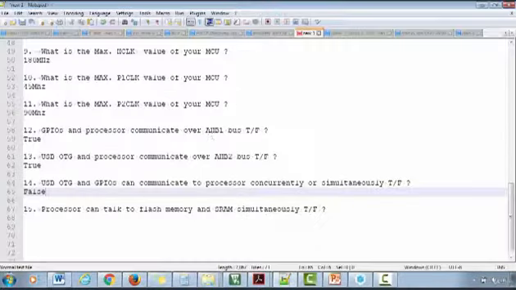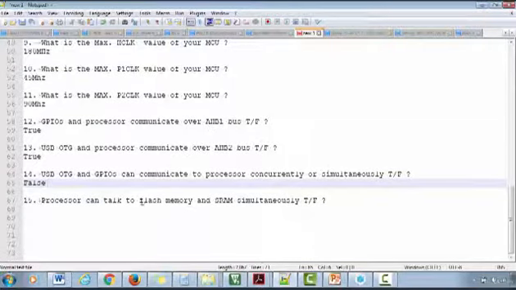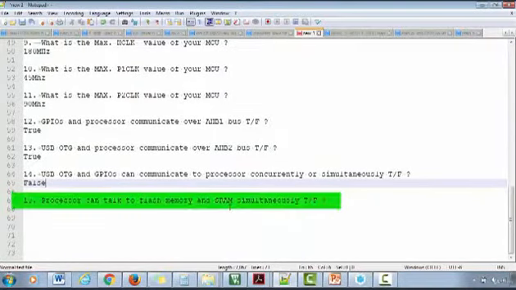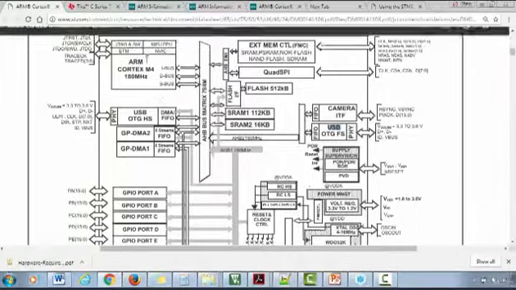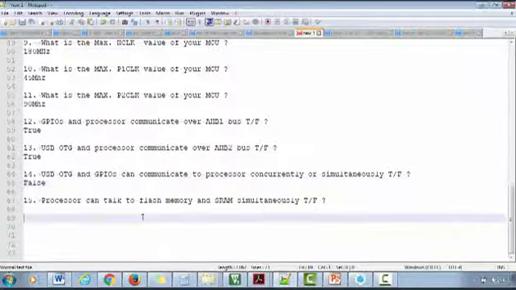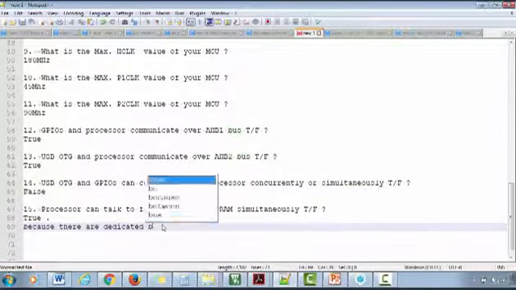The processor can talk to flash memory and SRAM simultaneously. So what's your answer for this? Here is the processor; it can talk to the flash and the SRAM simultaneously. That's true, right? Because there are dedicated buses.